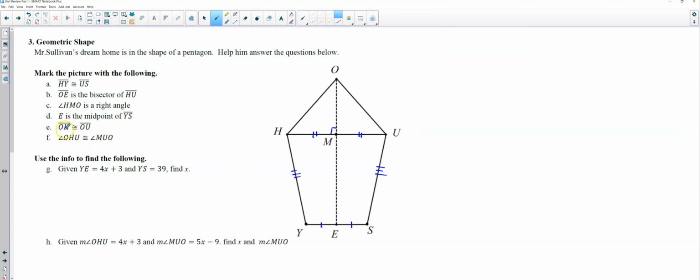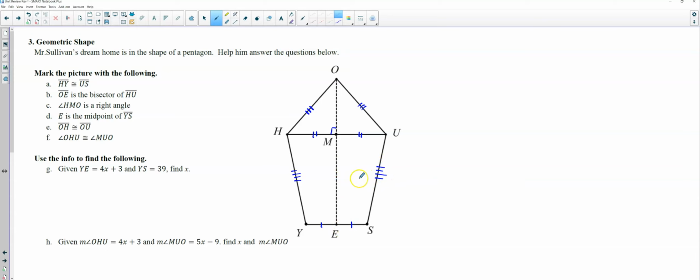Then we have that OH is congruent to OU. So I'm gonna put 3 marks here and 3 marks here, because this is longer, and then I'm gonna put 1 more mark here. So this is the longest. So 1 and 1 because it's the shortest, 2 and 2, 3 and 3, 4 and 4.